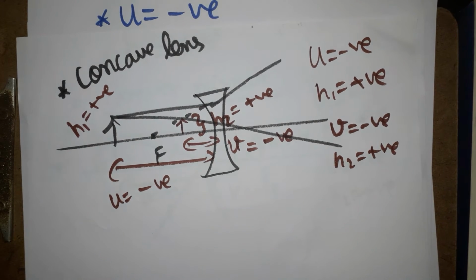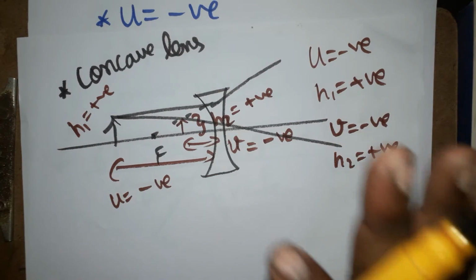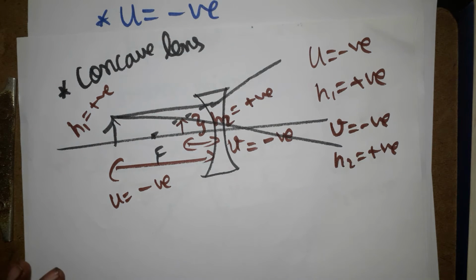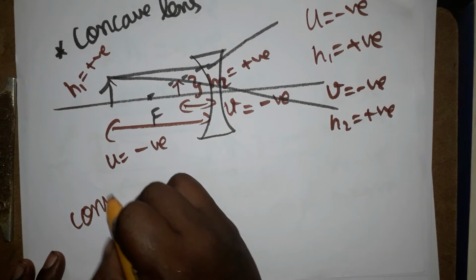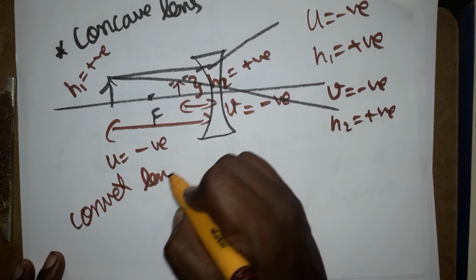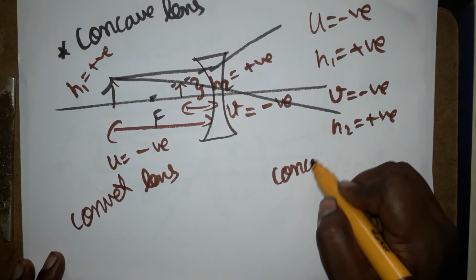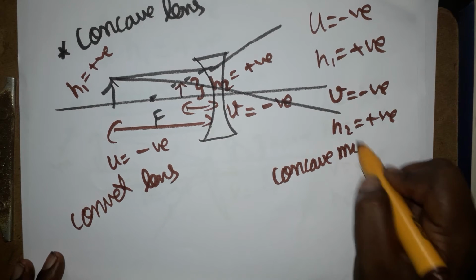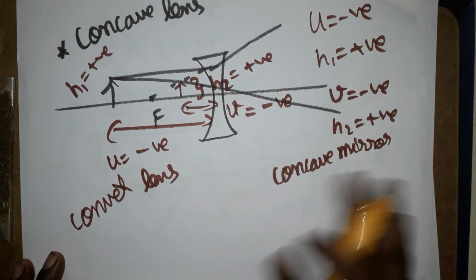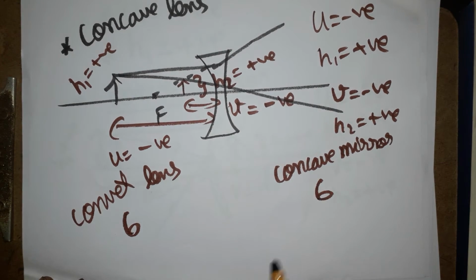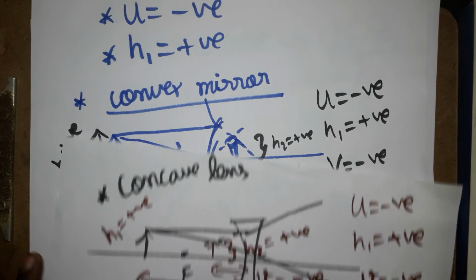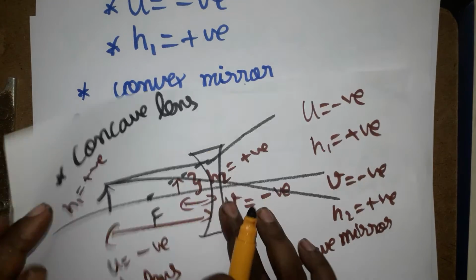It's very simple. This also is a fixed one. Then the remaining two options we have: one is a convex lens, another one is a concave mirror. We can get any of the values for these, because here we have a lot of conditions, 6 conditions here, 6 conditions here, but these two are fixed values.